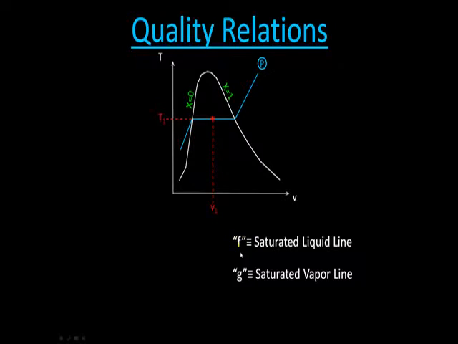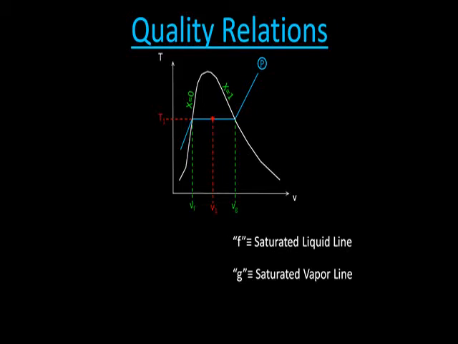I know everything we look at is a fluid, whether gas or liquid, but for the liquids, f is what we use, and for the vapor you look for the subscript g, for gas. If you go into the steam tables, they will have values for specific volume at saturated liquid and specific volume at saturated gas.